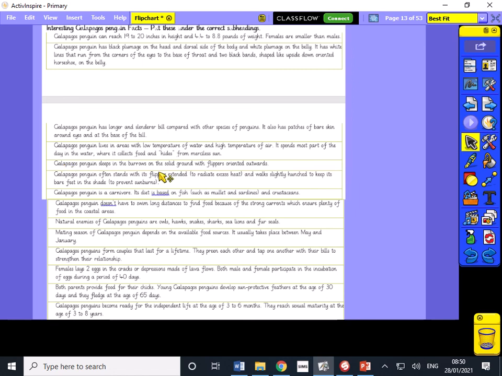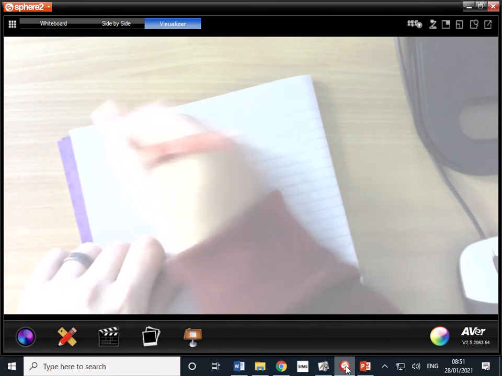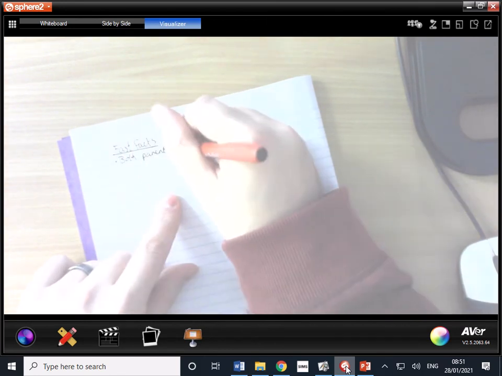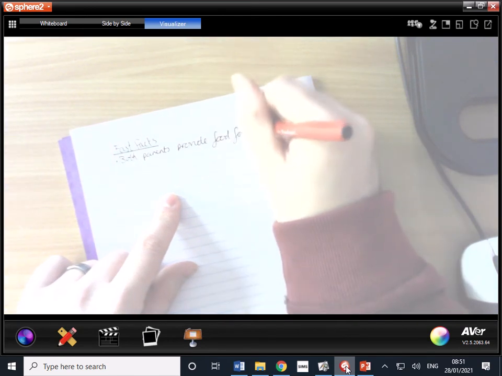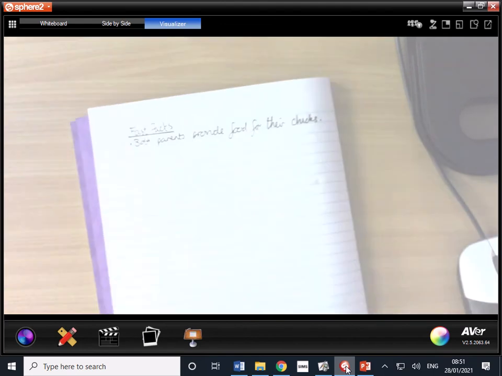So they would go in fast facts. For example, this one here, both parents provide food for their chicks. That would go in fast facts. I'm just going to turn that over so you can see. So both parents provide food for their chicks. There we go.